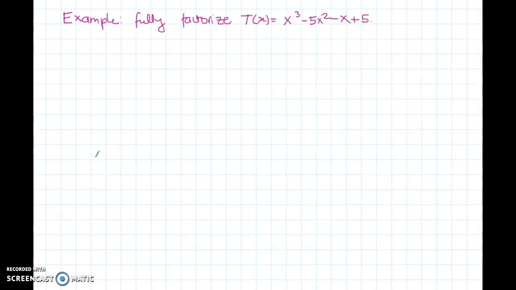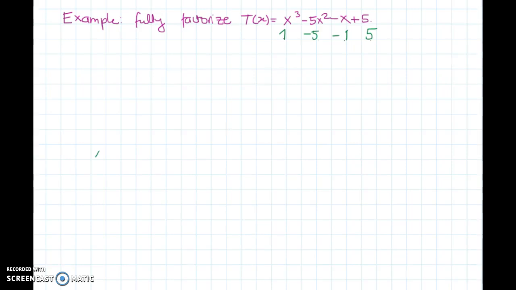Well, in this case, we're just going to have to try to guess what a root could be for this polynomial. Something you could notice is that if you look at the coefficients, we have 1, negative 5, negative 1, and 5. The sum of the coefficients is 0. 1 and 5 are the positive ones, negative 5, negative 1, the negative ones, so they cancel out.